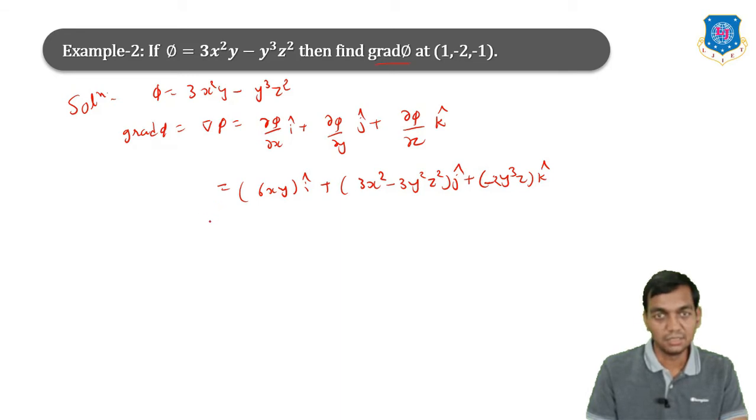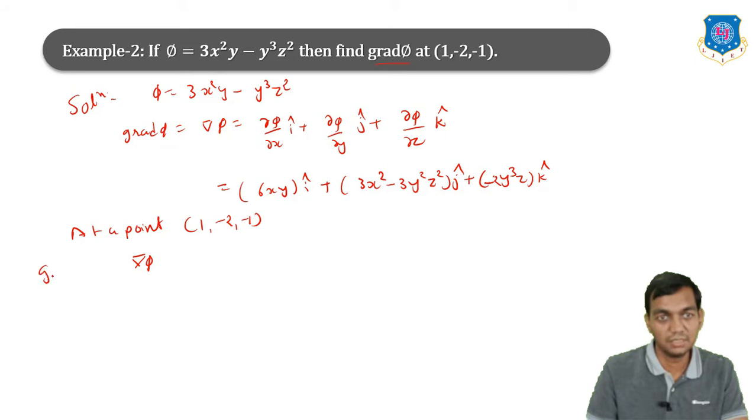Correct? And now substitute the point. So grad phi at a point 1, minus 2, minus 1 is equal to, put the values of x and y. x is 1, y is minus 2, so minus 12i.